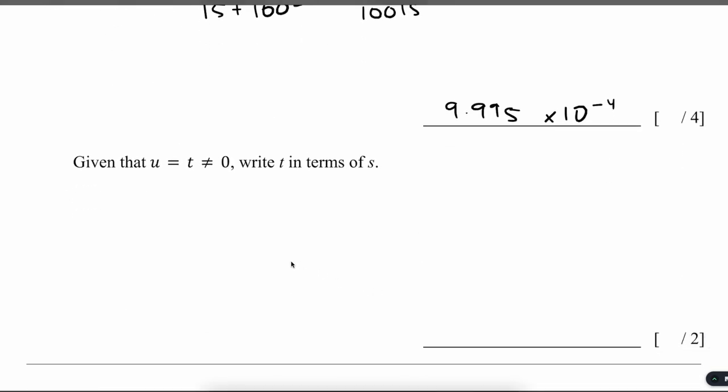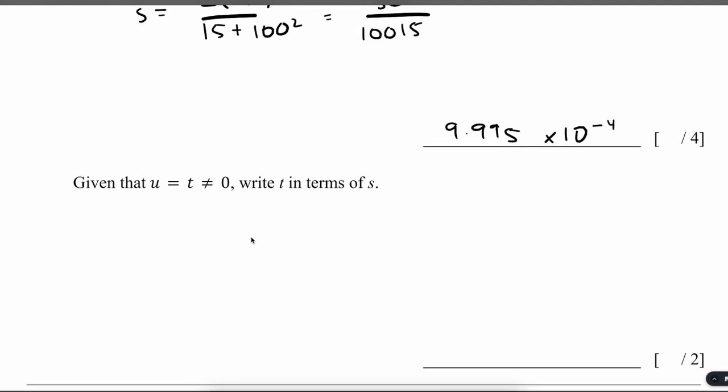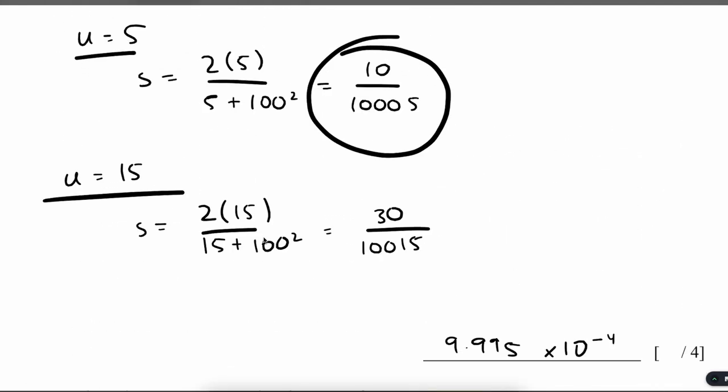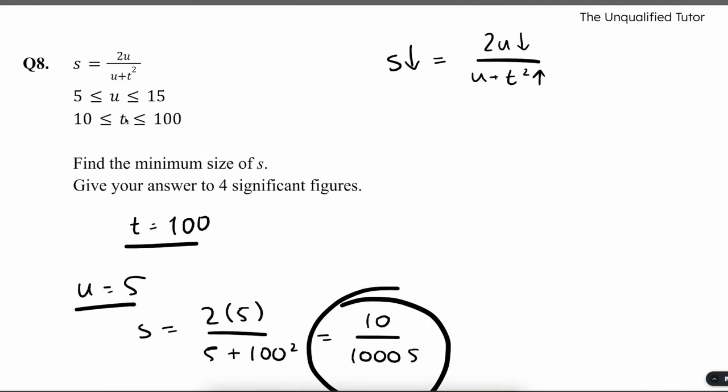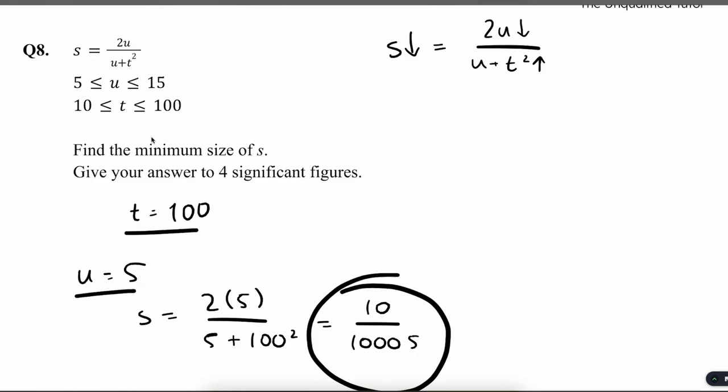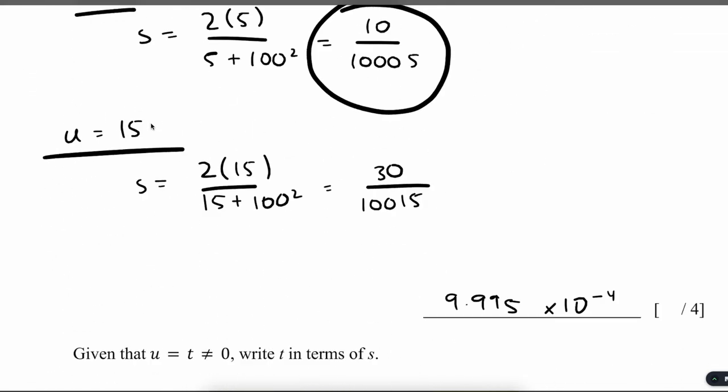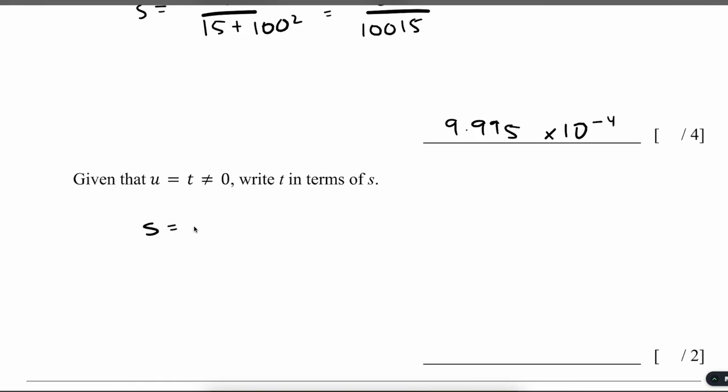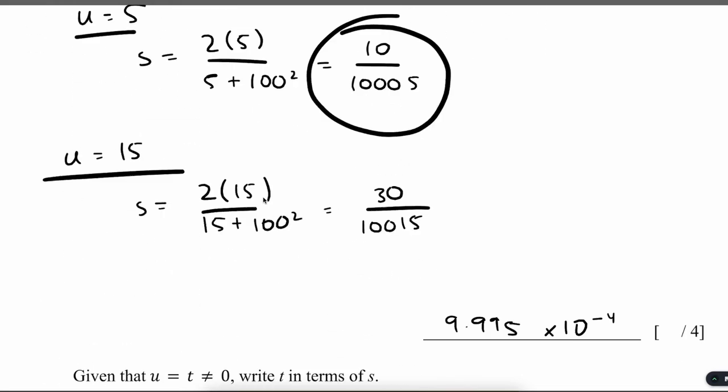Given that u equals t and t is not equal to 0, write t in terms of s. Okay, so u is t. We need t and s, so let's just replace all the u's with t. So s equals 2t over (t plus t) squared.